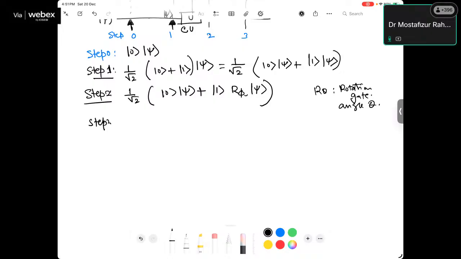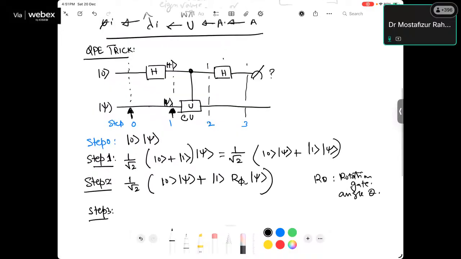Now step 3, again you are applying the Hadamard, right? So if the state is 0, it will be plus. If the state is 1, it will be minus, right? Plus means 0 plus 1, and this will mean 0 minus 1, right?